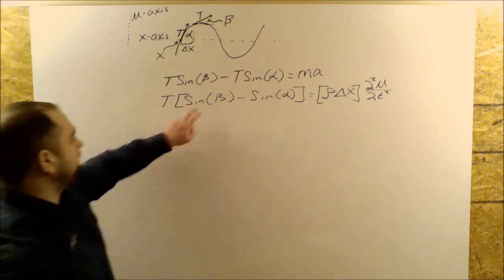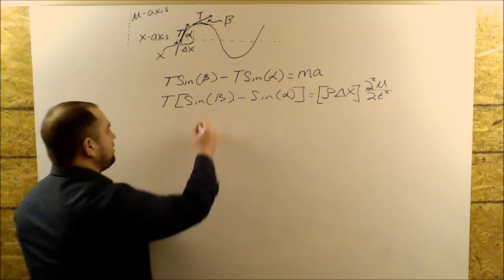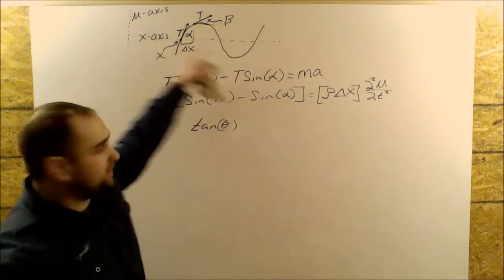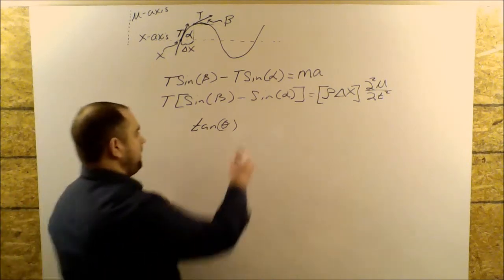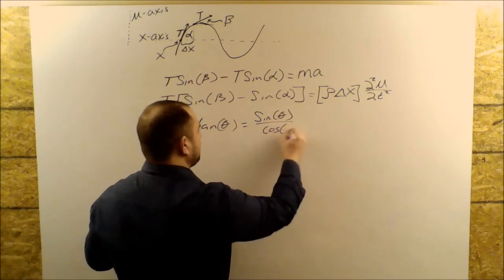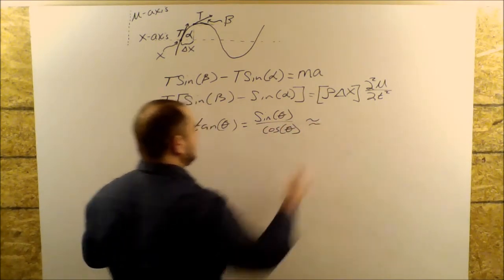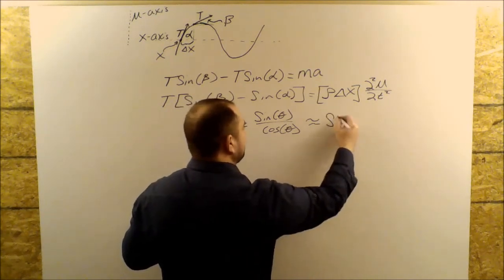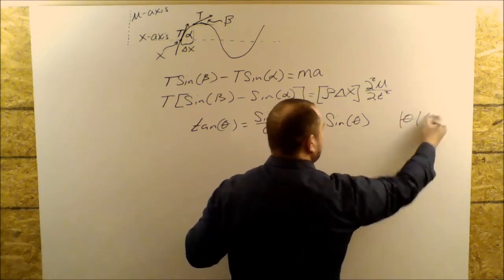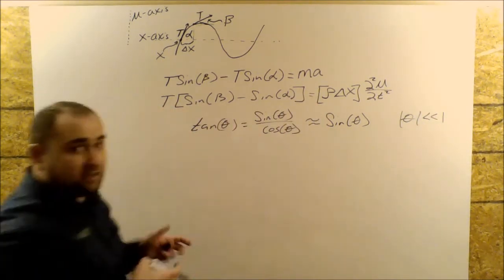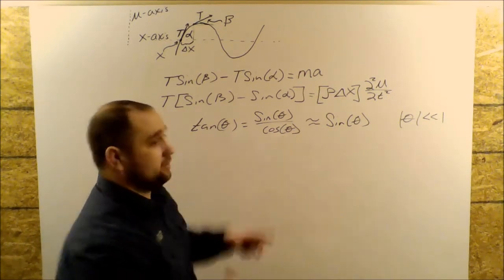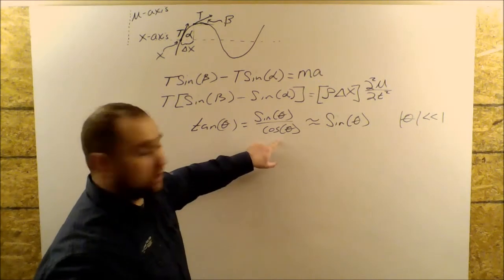Now we need to make another approximation. I'm going to look at tangent theta. Now, theta is not a variable in any of this. We're just going to look at an equation here. I have tangent theta is equal to sine theta over cosine theta. And this is actually close to just sine theta when the absolute value of theta is much, much less than 1. So when theta is really small, cosine of basically 0 is just 1.